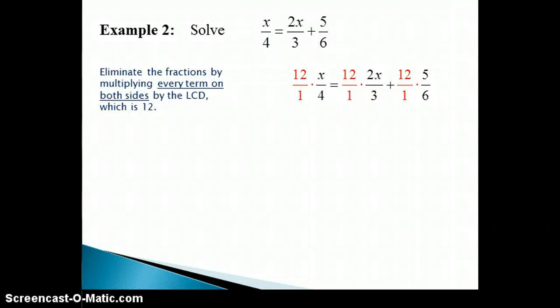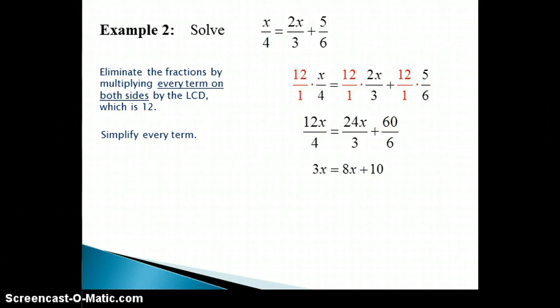It just makes it easier to see the multiplication that way. When we multiply, notice that the results will all simplify to nice terms with no fractions remaining. Now we have an equation that's much easier to solve than the original equation. But remember that by the multiplication property of equality, it has the same solutions as the original equation.